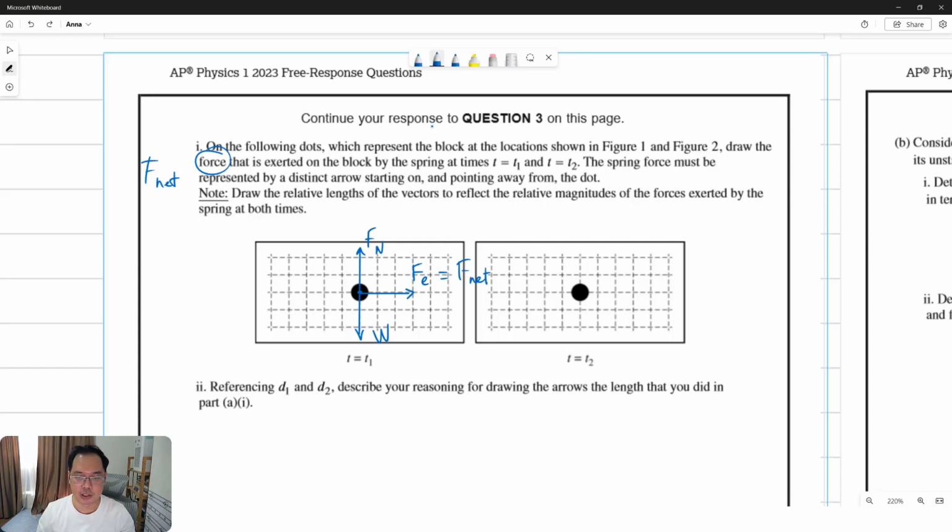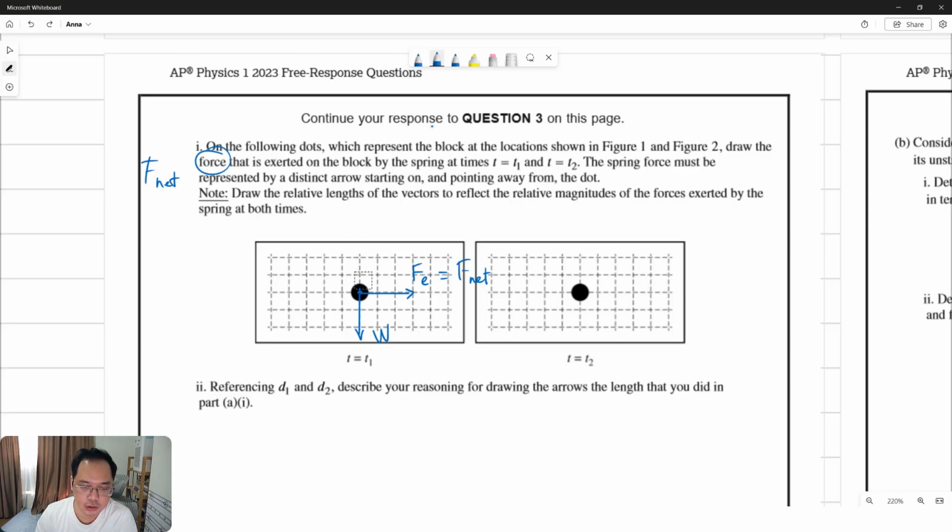Because the question asks us to draw only one force, which is the net force, we don't need to draw the two forces, the weight and the normal force. As I already mentioned, in the second case, at time t2, the spring is stretched more, longer, and therefore the force acting on the block is the elastic force of the spring.